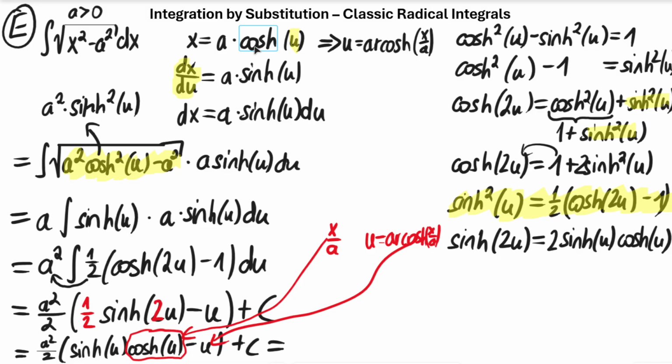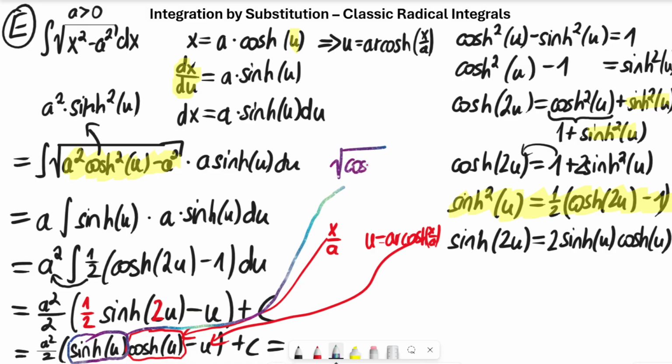And for the first part, for the sine hyperbolic, we have to think a little more. Because the sine hyperbolic is equal to the square root of the cosine hyperbolic squared u minus 1. So where does this come from?